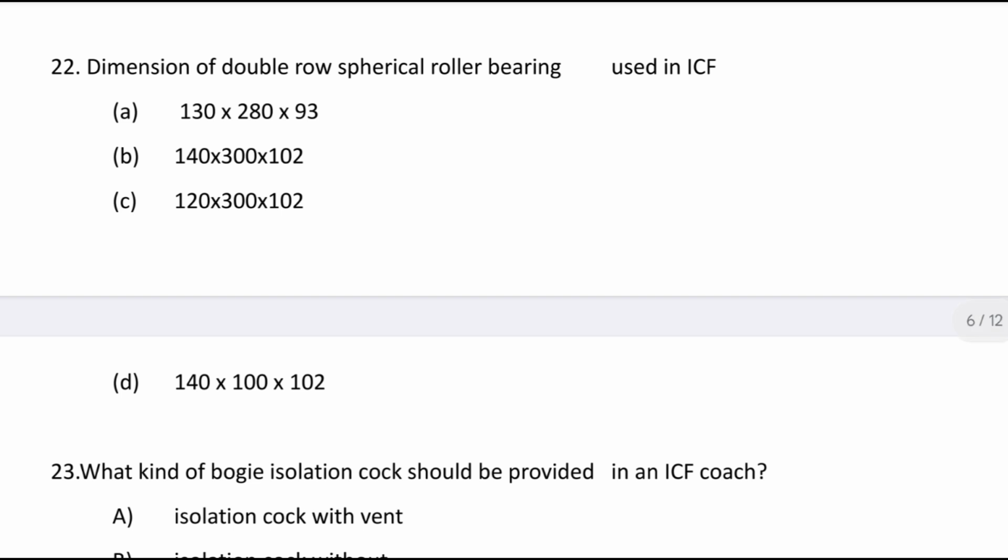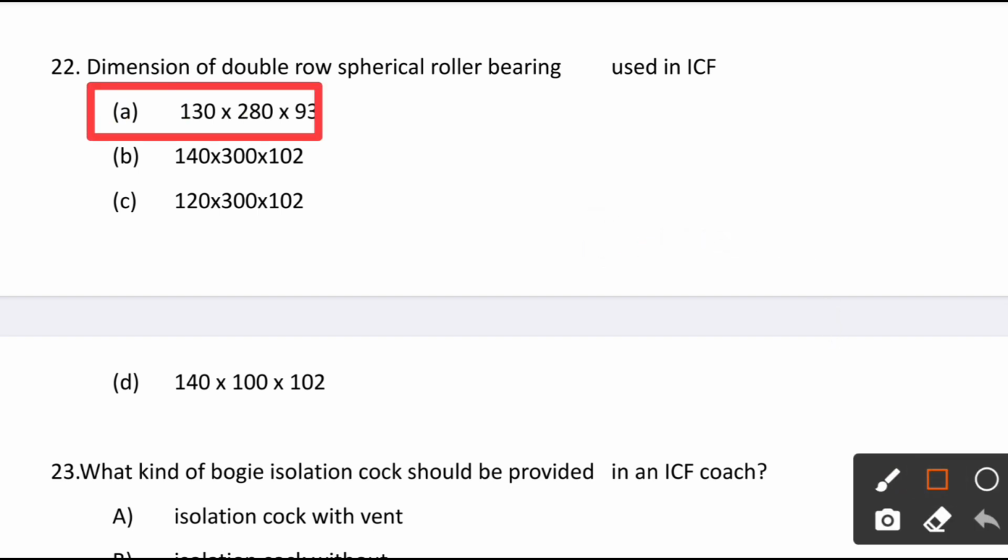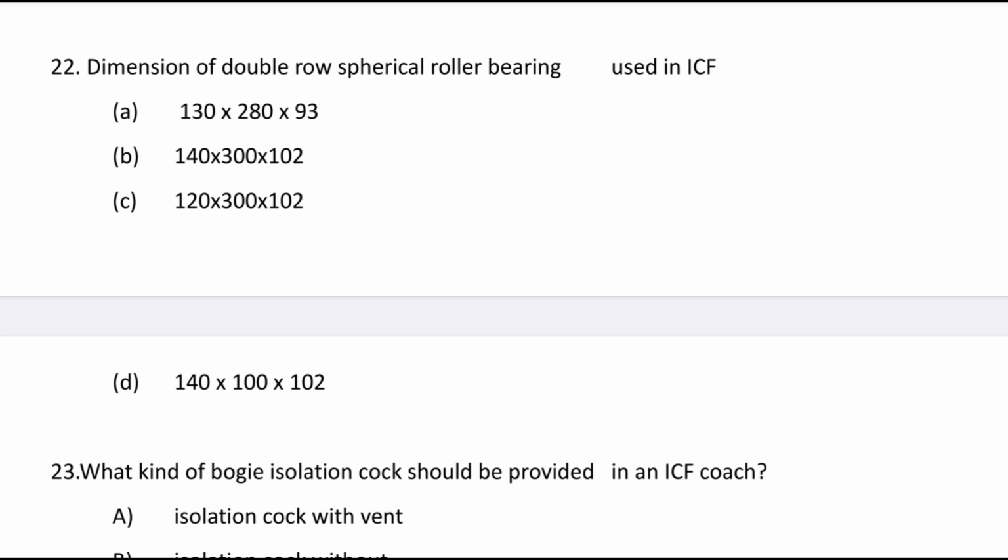Dimension of double row spherical roller bearing used in ICF are A. 130 by 280 by 93, B. 140 x 300 x 102, C. 120 x 300 x 102, D. 140 by 100 by 102. In this question, the correct answer is A. 130 by 280 by 93.